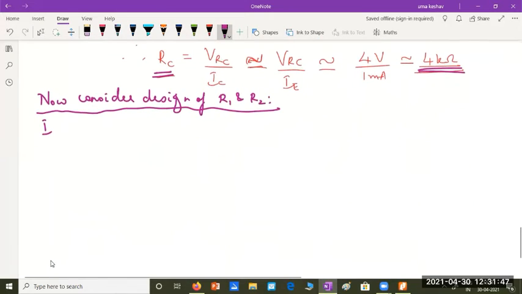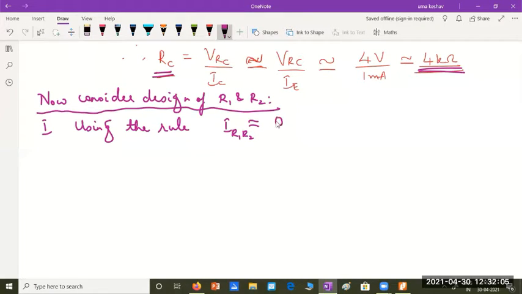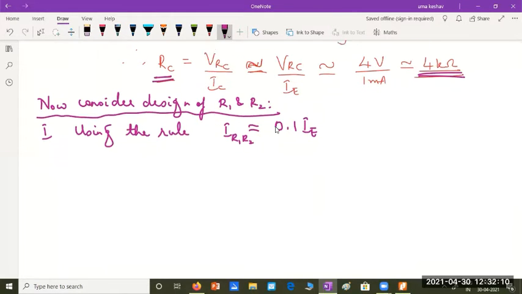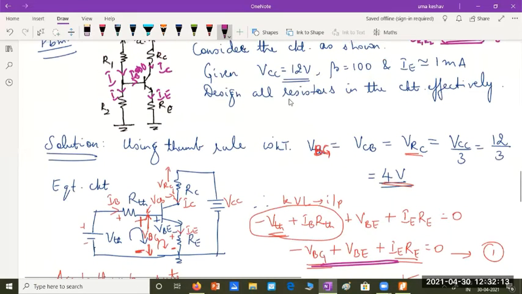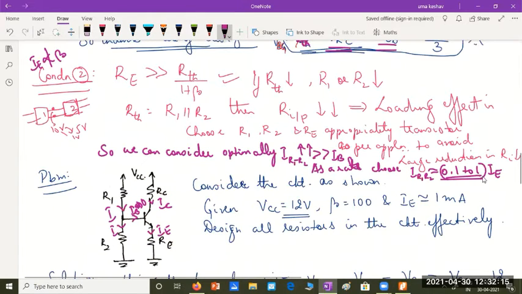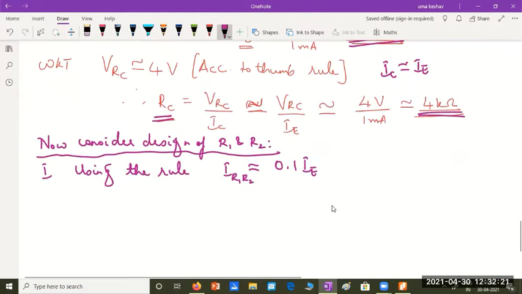In the first method, using the rule, the current through R1, R2, the current in the voltage divider, let me consider it as around 0.1 times the emitter current. We said it can range anywhere between 0.1 to 1 times, right? It can be approximately equal to IE or 0.1 times IE. Usually, we'll consider this 0.1 times emitter current.